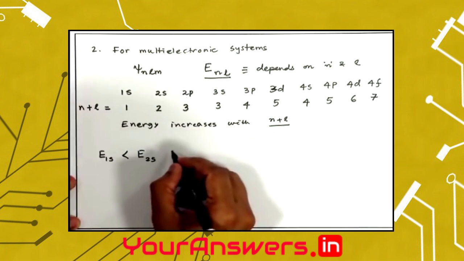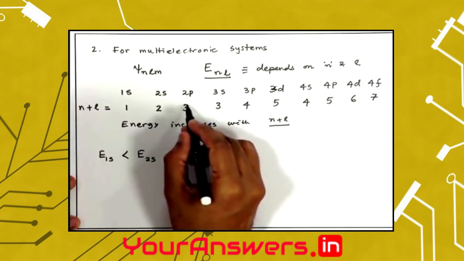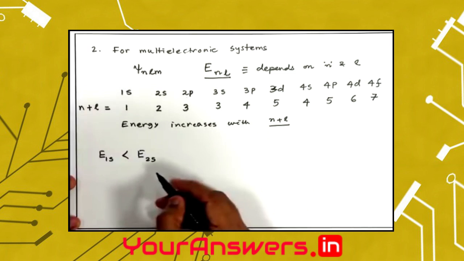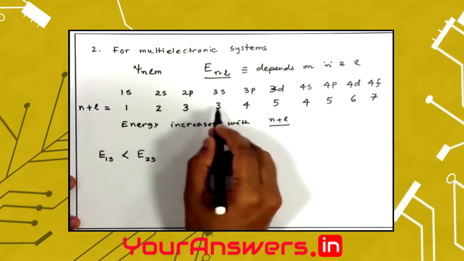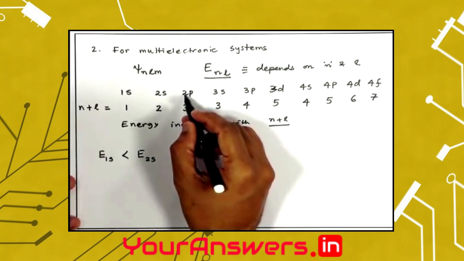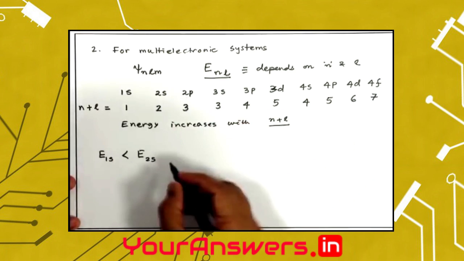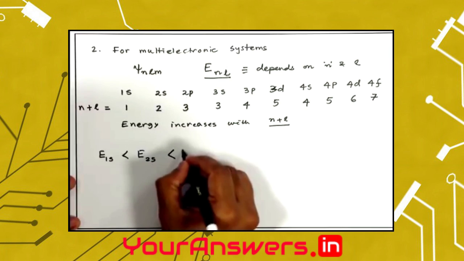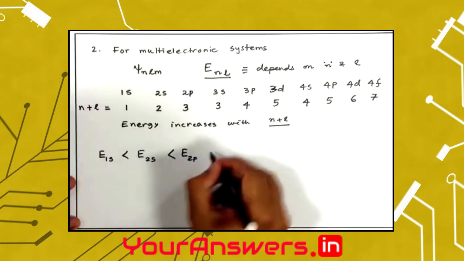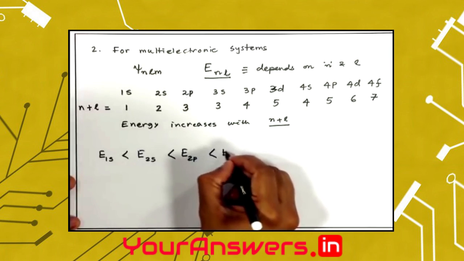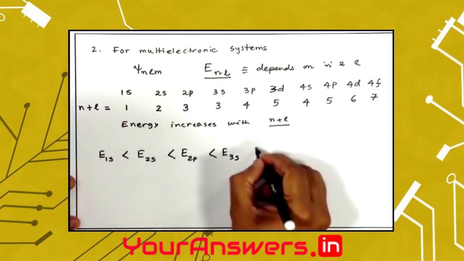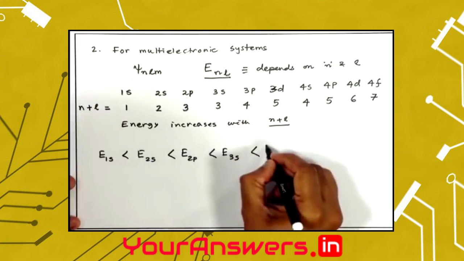That is 2p, and then you see both 2p and 3s have the same value of n plus l. When they have the same value of n plus l, the one with the lower value of n gets the precedence or has lower energy. So, then comes E 2p, E 3s, then energy is E 3p.